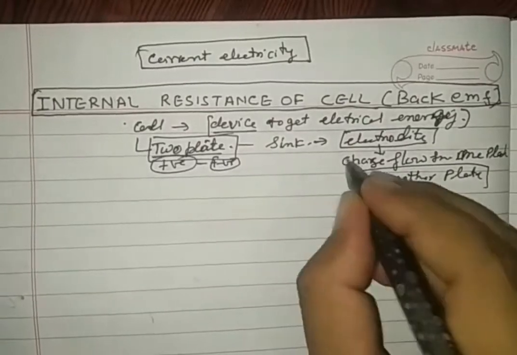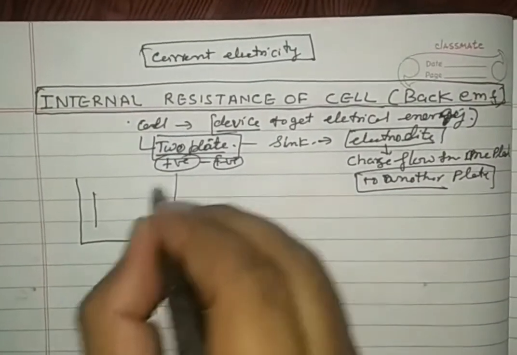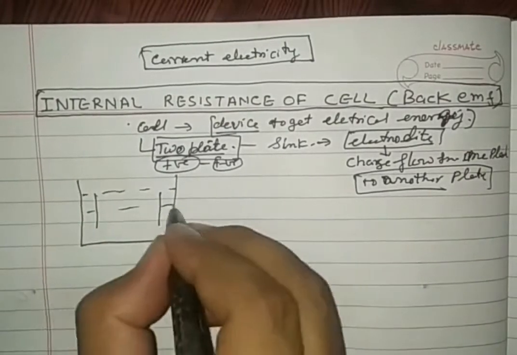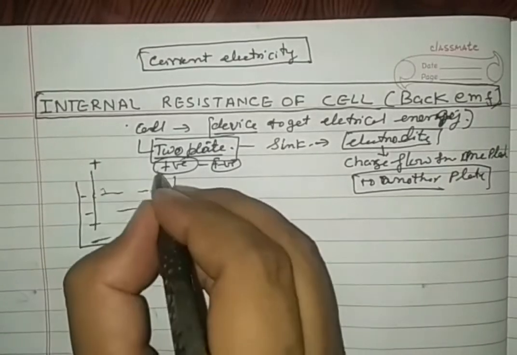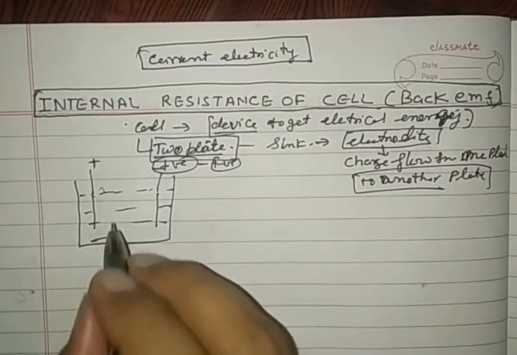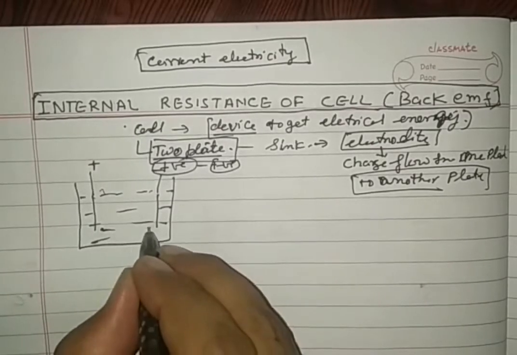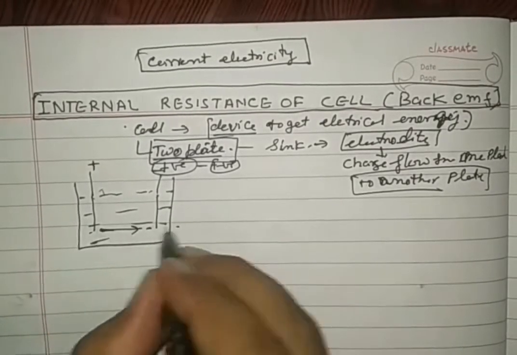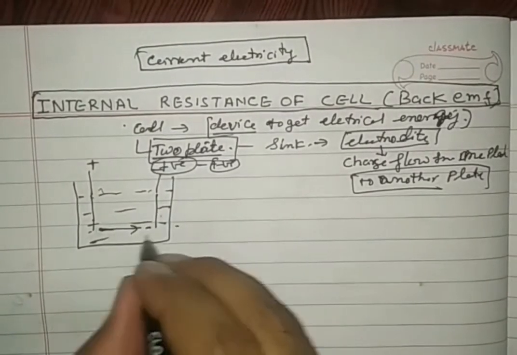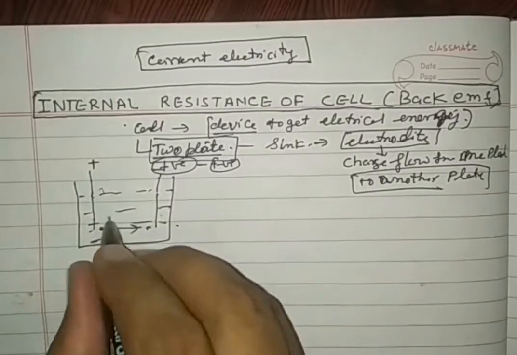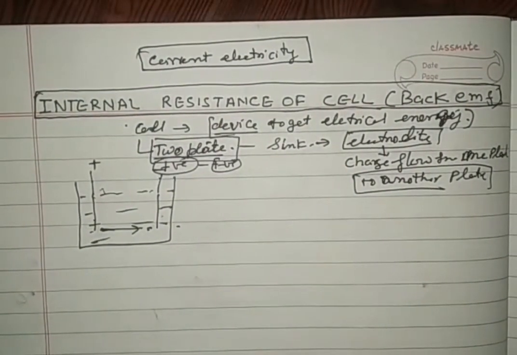See very carefully, in a cell there are two plates, positive charge, negative charge, and in electrolyte the charges flow from one plate to another plate through the electrolyte. Electrolyte is a medium through which they flow.